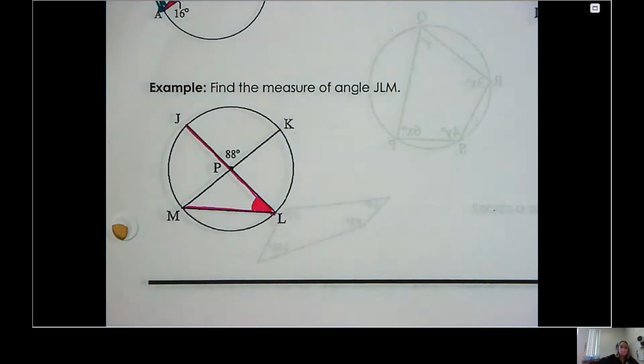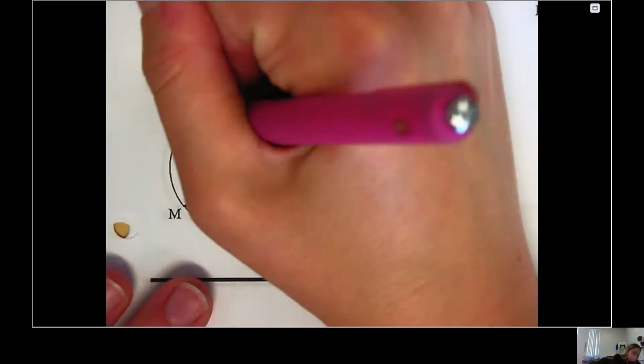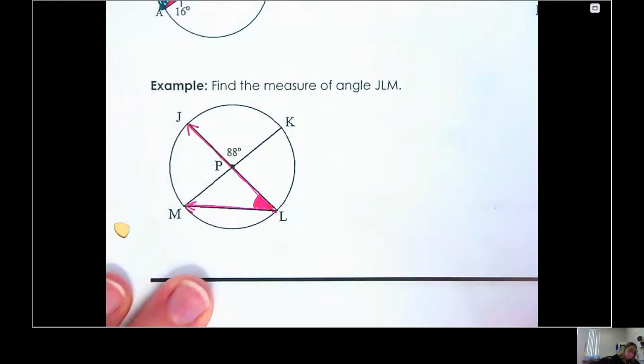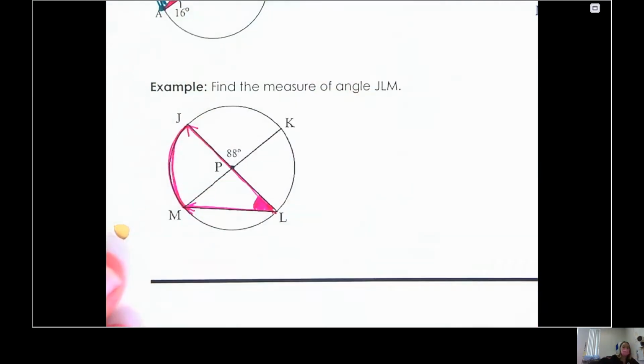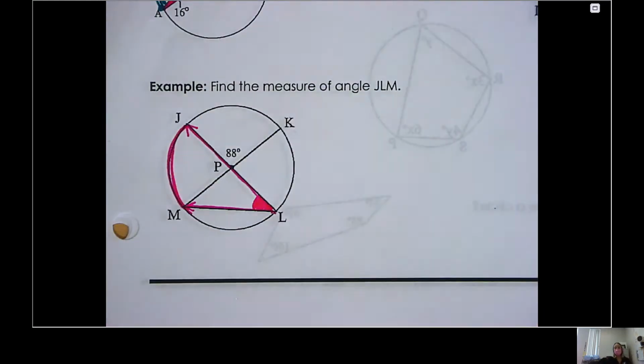And then what arc does it match up with? J to M. Good. Here's the arc that it matches with. Right there. Okay. So I probably need to find the arc first before I can find the angle measure.